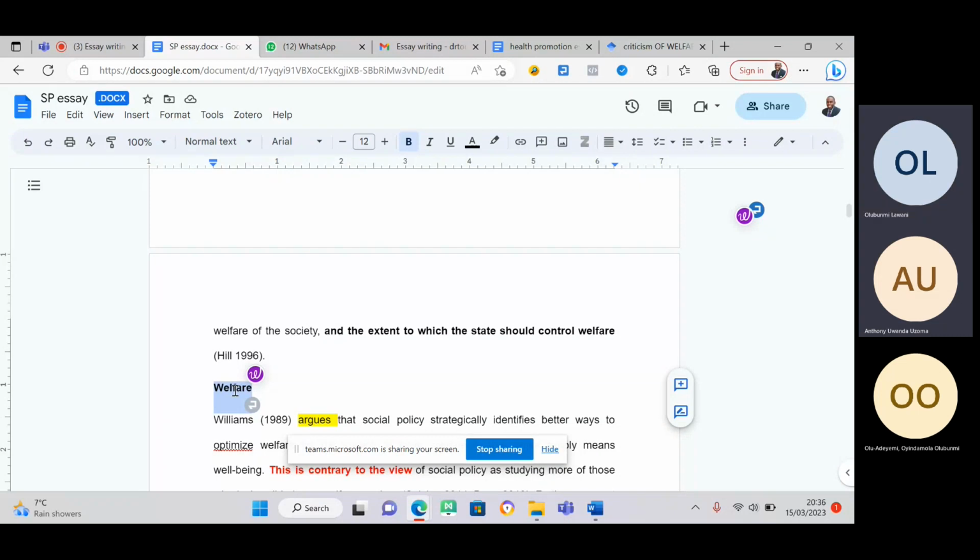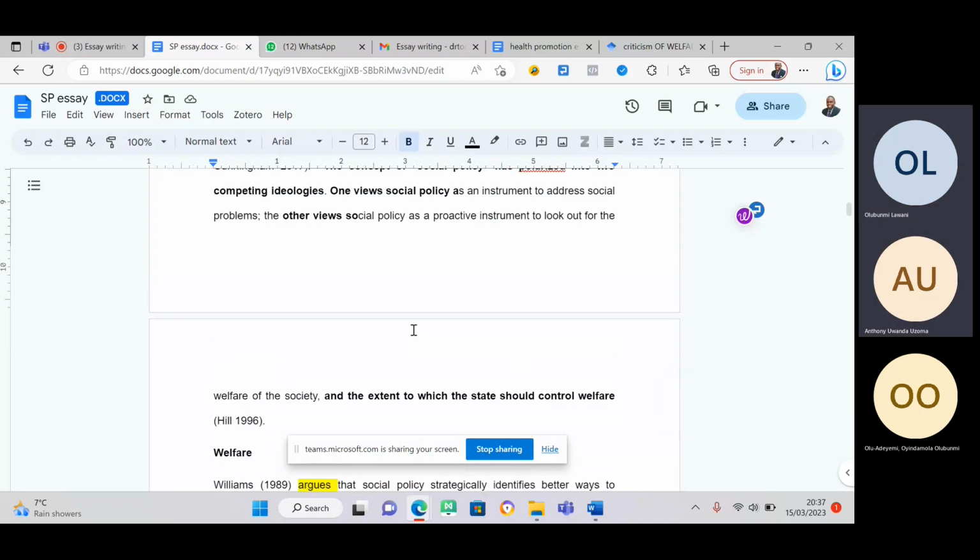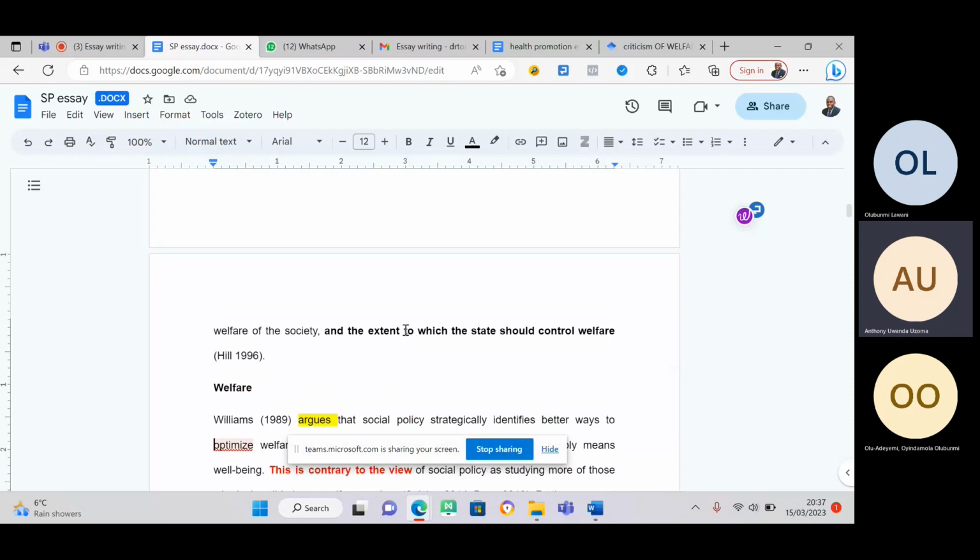By the time you are finished writing section by section, you have to remove all these subheadings and find a way of linking one section to another. I found from reading that the aim of social policy is welfare, so I had to find a way of introducing welfare without a subheading. That's called linking, and that's logical flow.